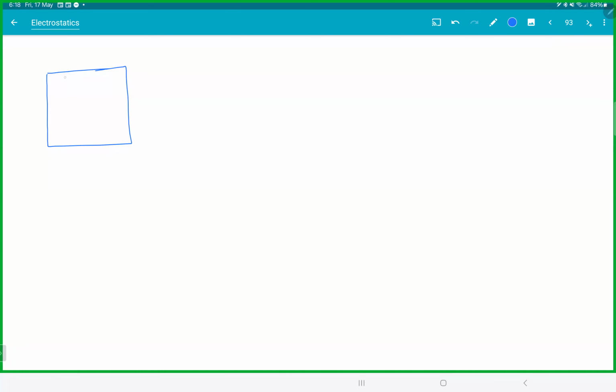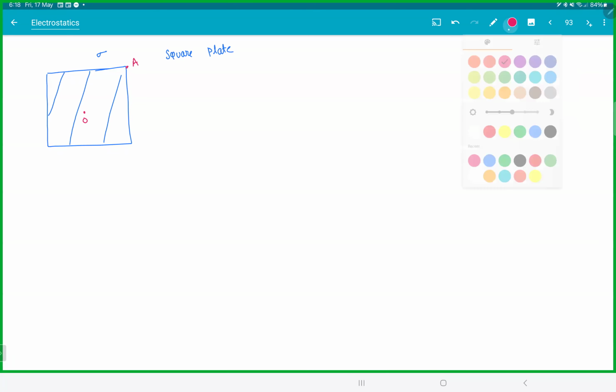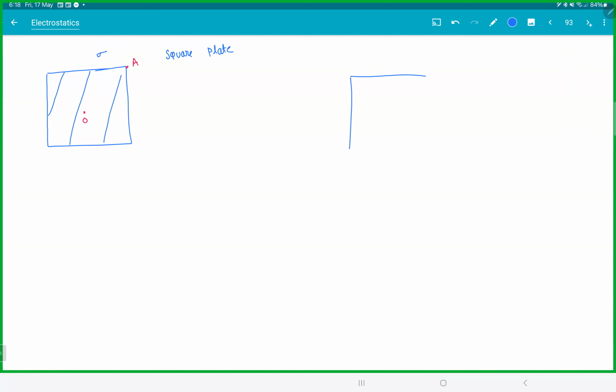Yeah. Now see, there is a better way of asking this question. If it is a mains level question, they'll say like this. The square plate sigma, this is O, this is A. This is a cube.